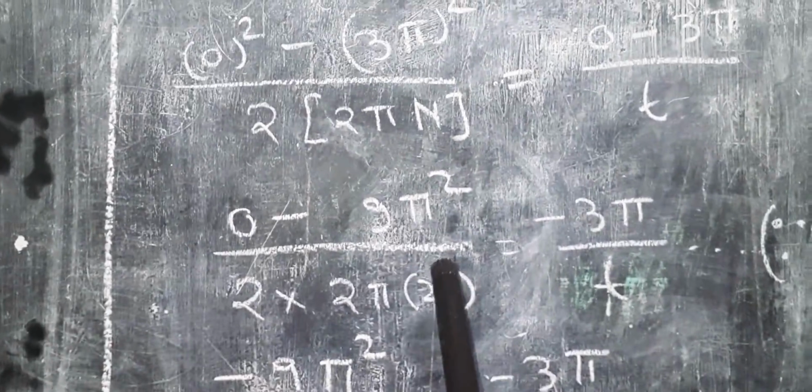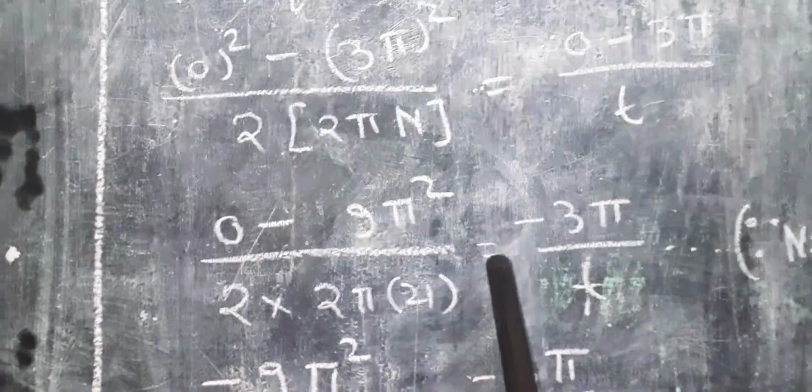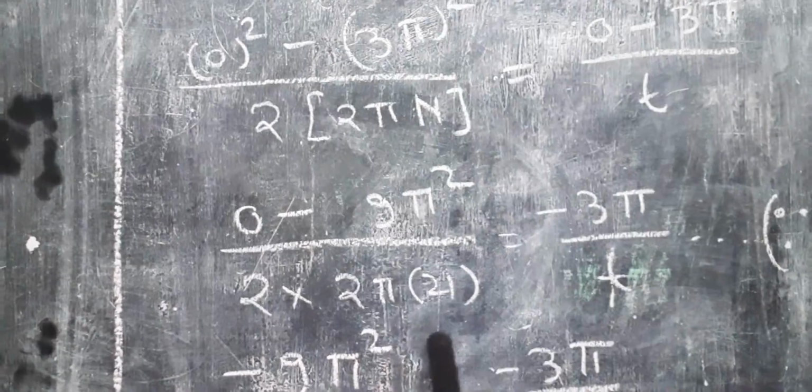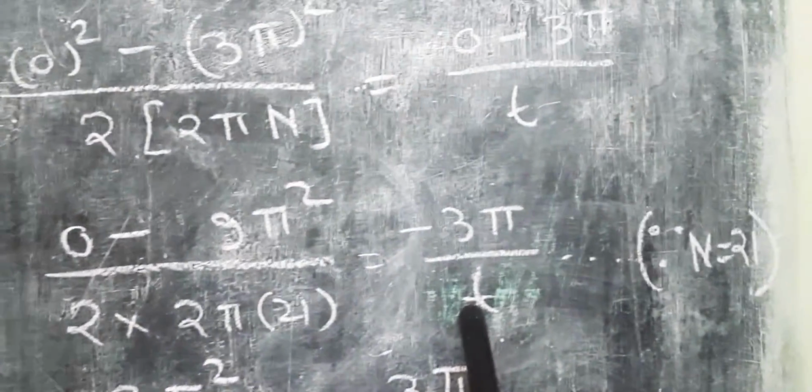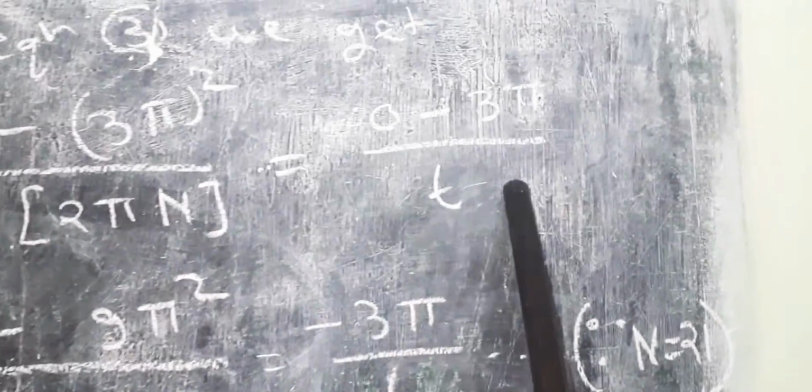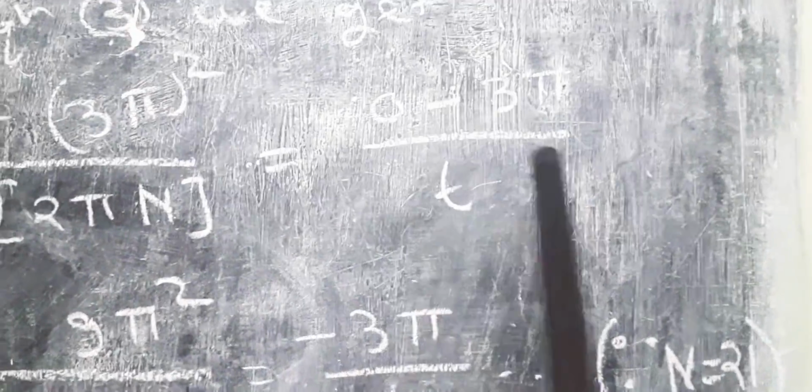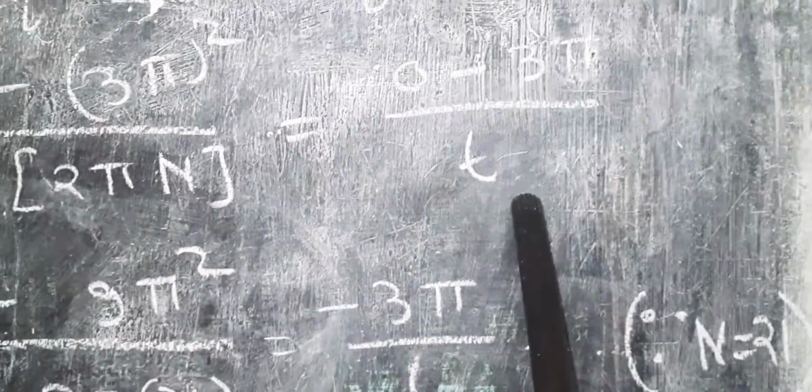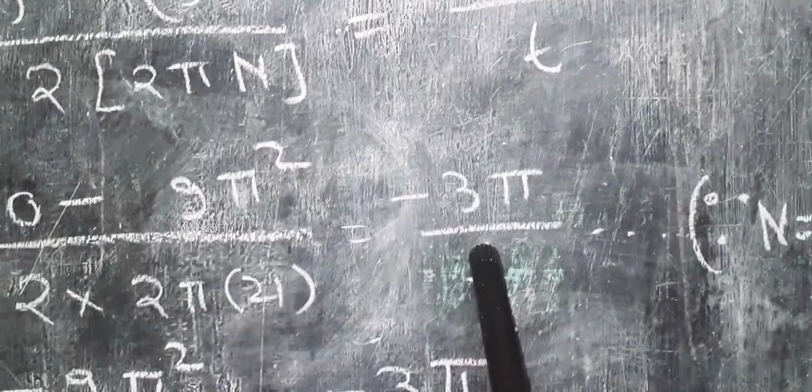So we get 0 minus 9 pi square divided by 2 into 2 pi into 21 is equal to 0 minus 3 pi, omega 2 is 0, omega 1 is 3 pi, upon t. So 0 minus 3 pi, we get minus 3 pi upon t.